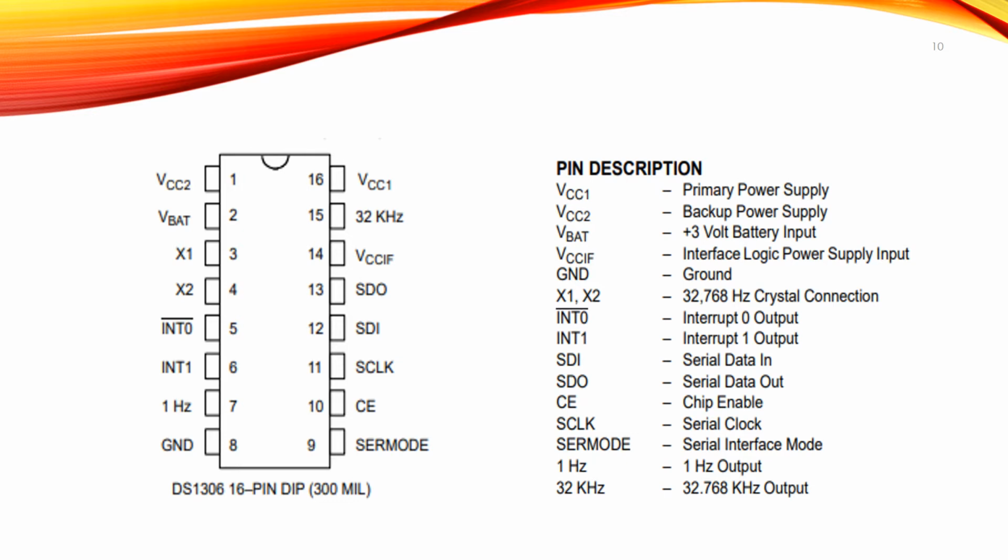Then VCC1 is pin number 16 and it is used as the primary external voltage supply to the chip. This primary external voltage source is generally set to plus 5 volt. When VCC1 falls below the VBAT voltage level, DS1306 switches to VBAT and the external lithium battery provides power to the RTC. According to the DS1306 datasheet, upon power up, the device switches from VBAT to VCC1 when VCC1 is greater than VBAT plus 0.2 volts.